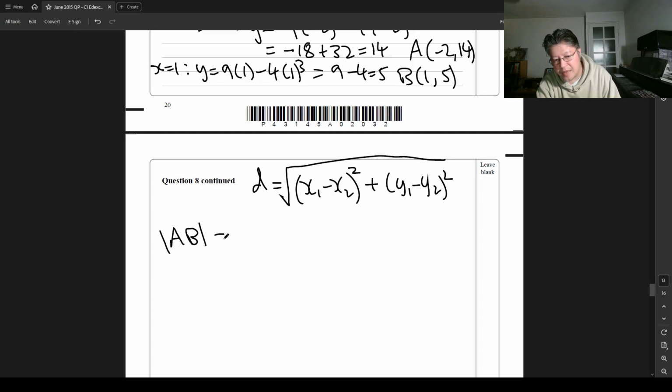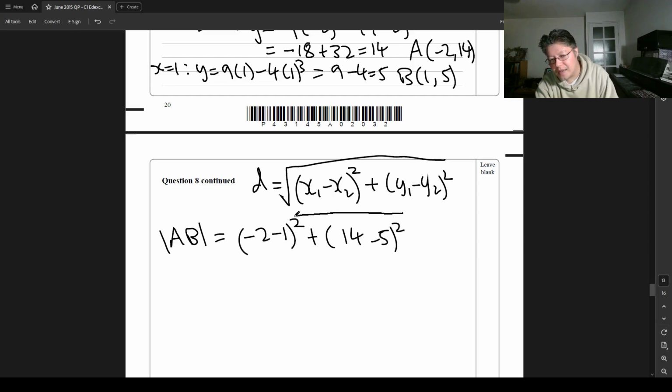So length AB, and let's substitute these 2 points in here. So the difference in x coordinates, it's minus 2 minus 1 all squared plus 14 minus 5 all squared, then all rooted. So I'll just work it out this way.